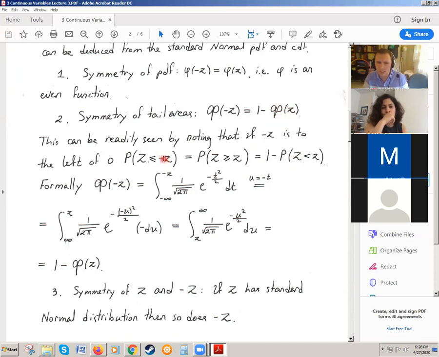You can of course observe that formally. Here I assumed that z is positive and minus z is negative, but this assumption is not necessary. So formally, the cumulative distribution at minus z is the integral from minus infinity to minus z of the density function. And I carry out a very simple u substitution. I let u equal minus t. Then what do I get? Here, this is just t squared, so I get minus u squared.